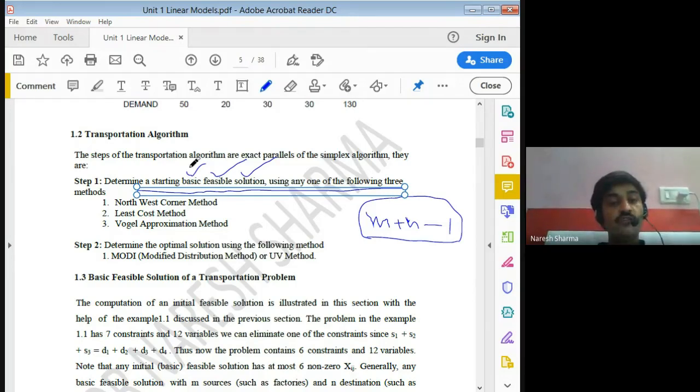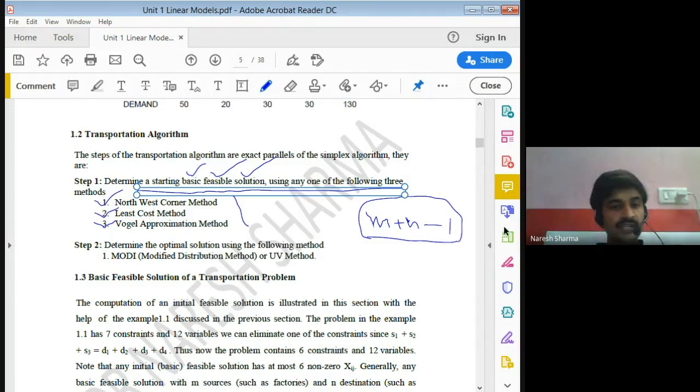So the first thing we need is the basic feasible solution. To find it, we have three methods: the northwest corner method, the least cost method, and the Vogel method. Any one of these three you can use to find the basic solution.